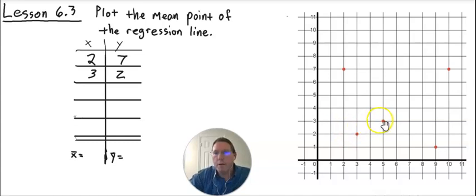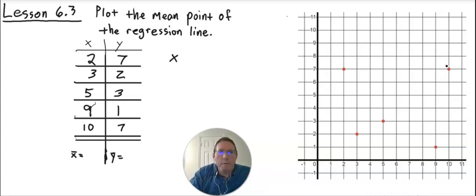Then we have this point 5, 3. Then we have this point 9, 1. And we have this point 10, 7. Okay, I'm going to skip the sigma notation this time.